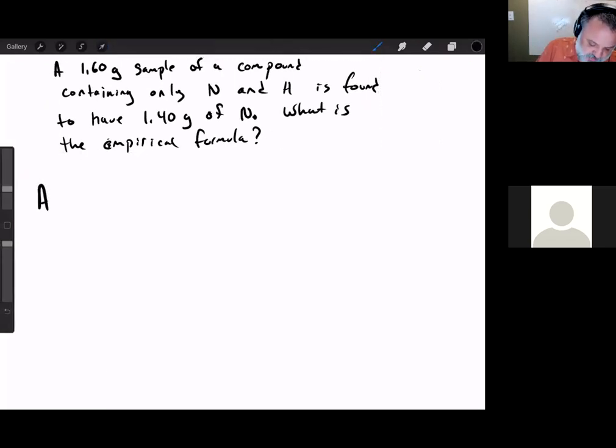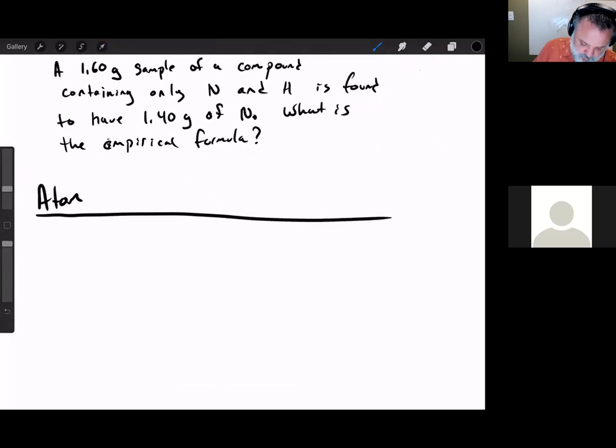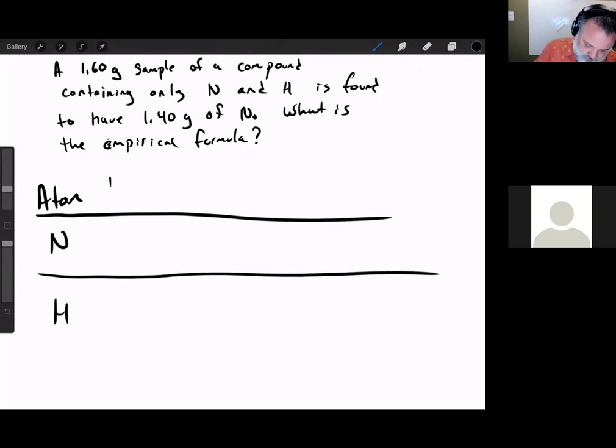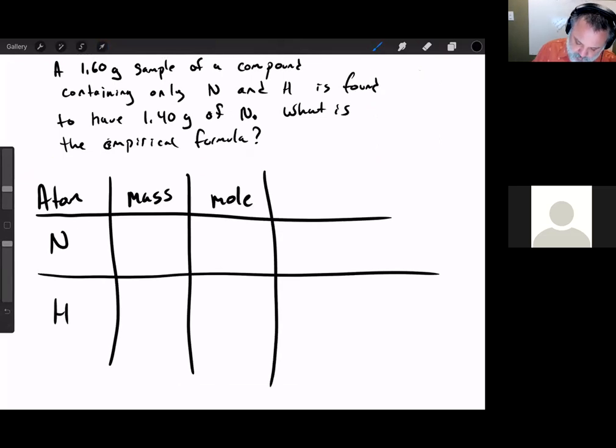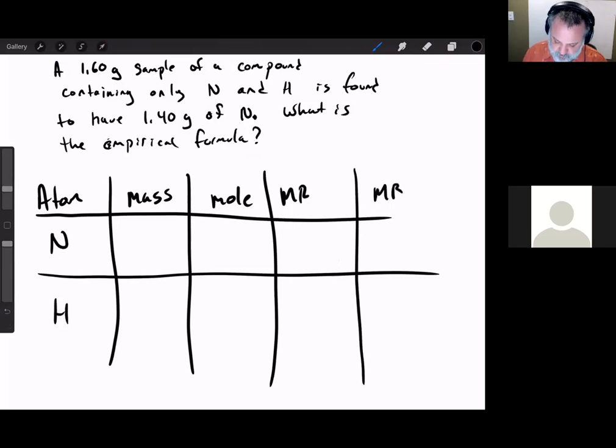Okay, so my atoms are nitrogen and hydrogen. Mass, mole ratio. Maybe I'll need another mole ratio. We'll see here in a second.